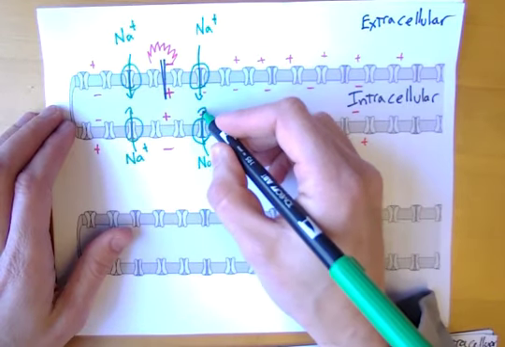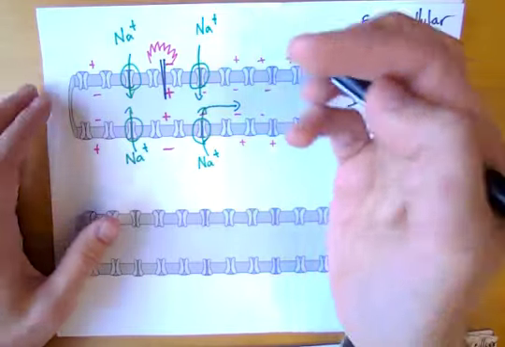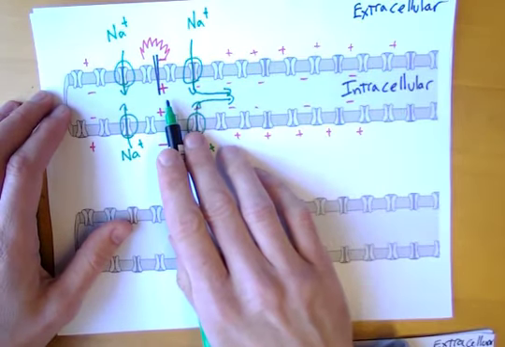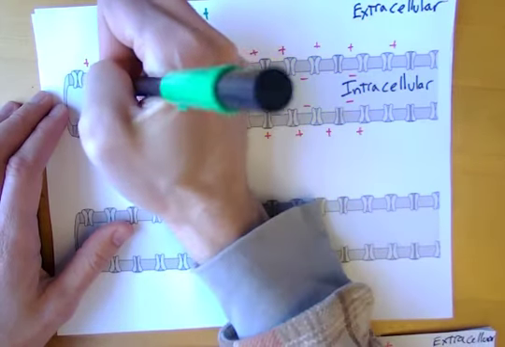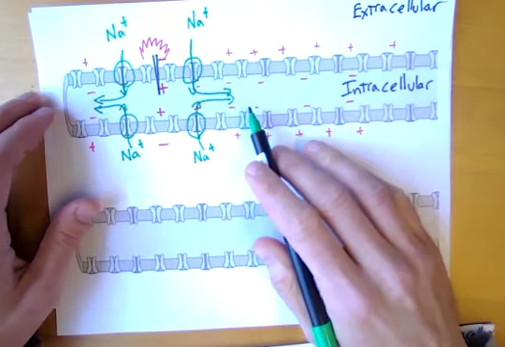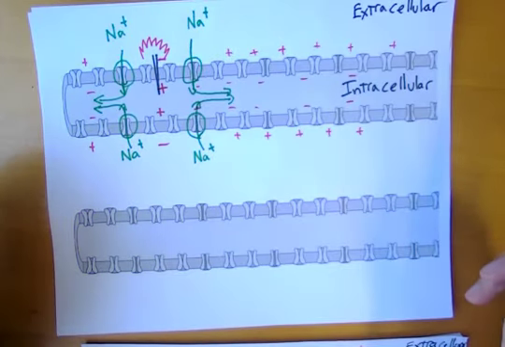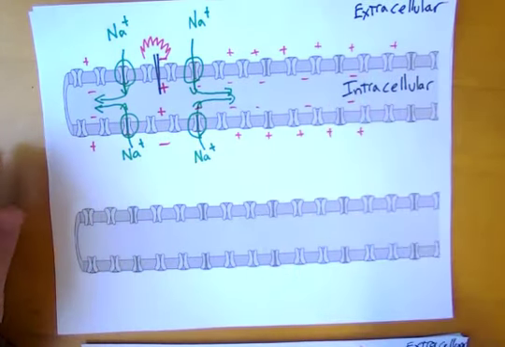Well, first, they're going to be repelled away from each other because of concentration gradient. And because of charge, they're going to escape their localized positive charge and go towards the negative axon, the rest of the axon, which is more negative. And so what happens is that it floods further down the axon.